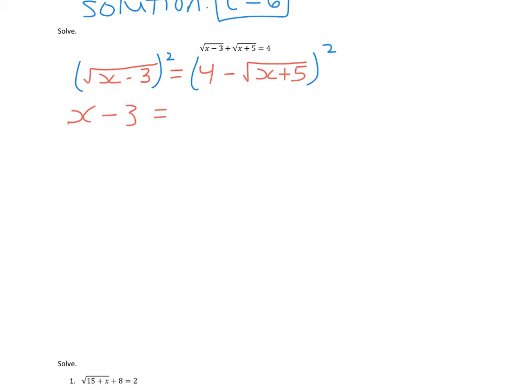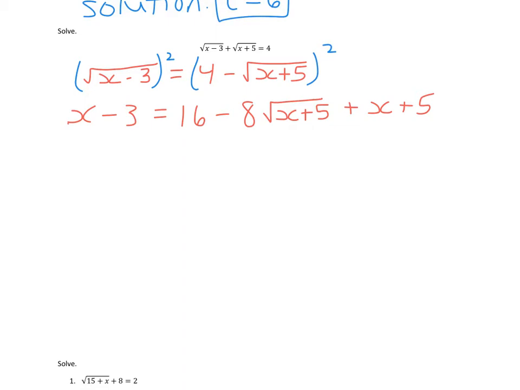And then over here, let's see, if it's a minus b squared, it's going to be a squared minus 2 times a times b plus b squared. Okay, so you guys can verify it with the formula, or you guys can FOIL it out.